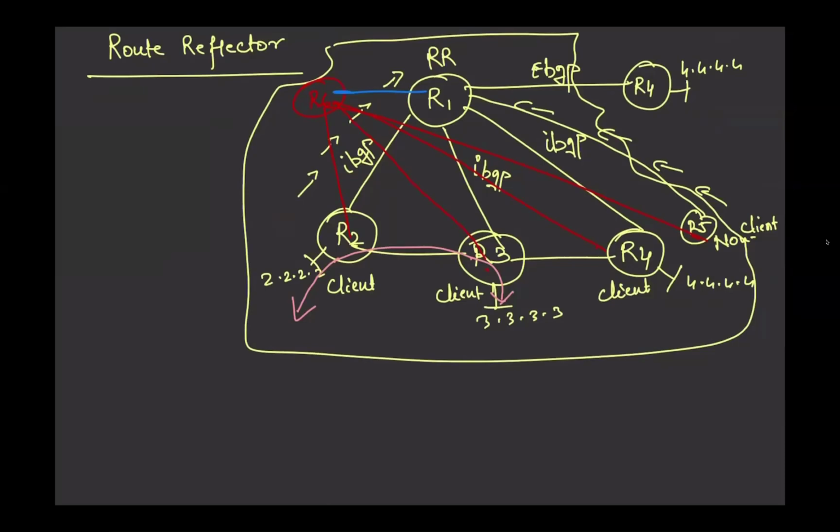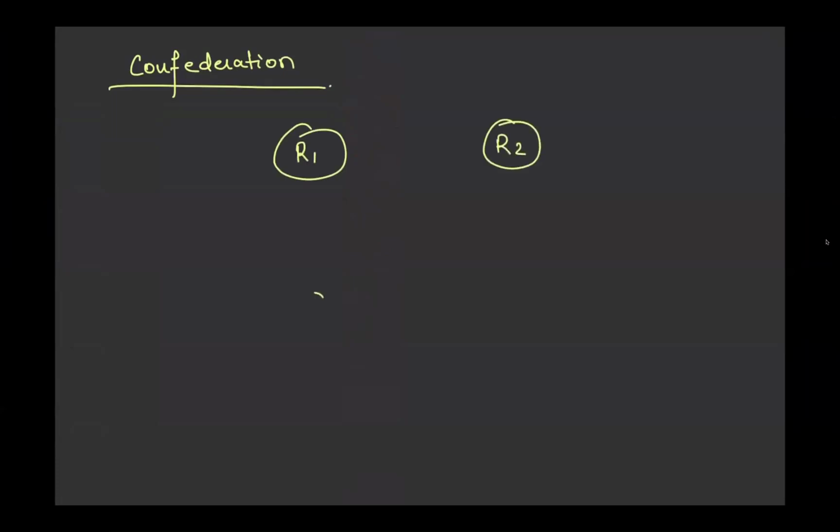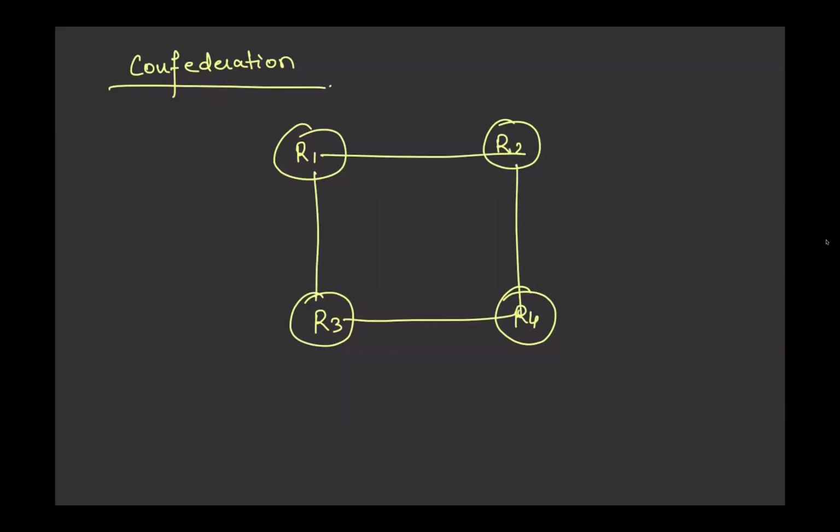Let me tell you quickly about confederation configuration as well, and how it is going to break your full mesh requirement. So let's take the same topology. Again, in this topology I need to have a full mesh requirement.